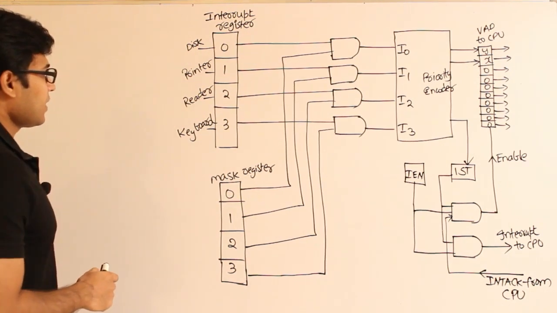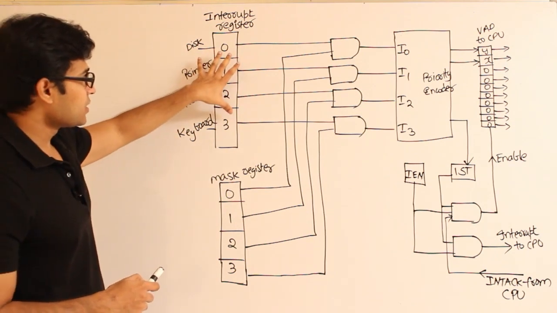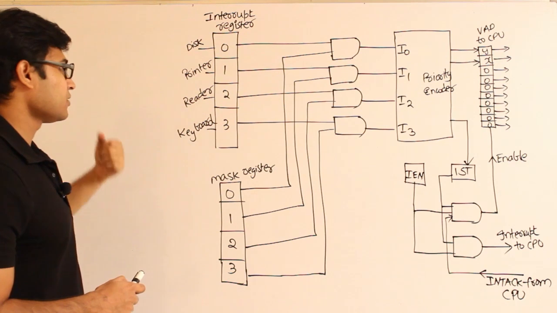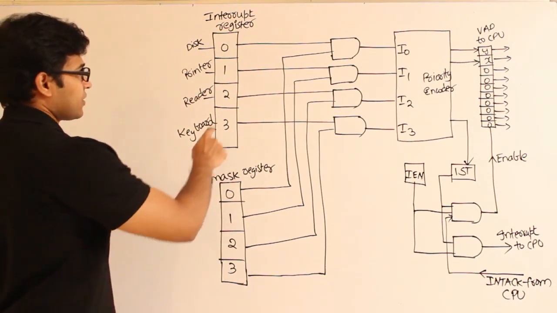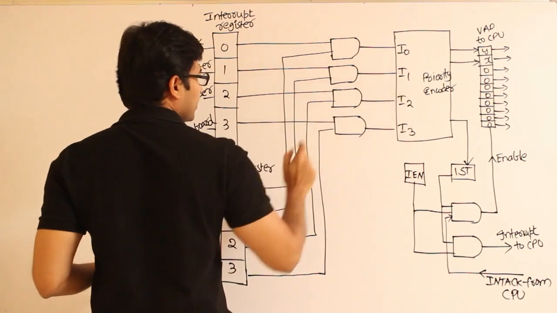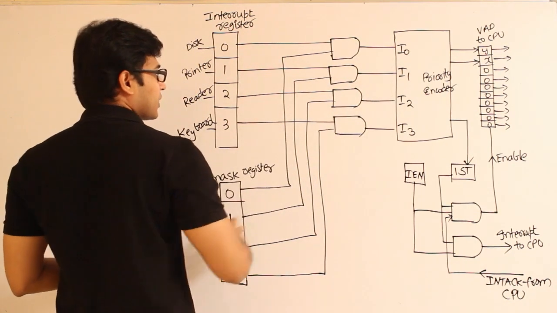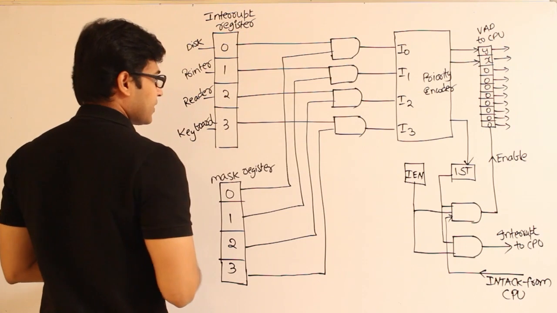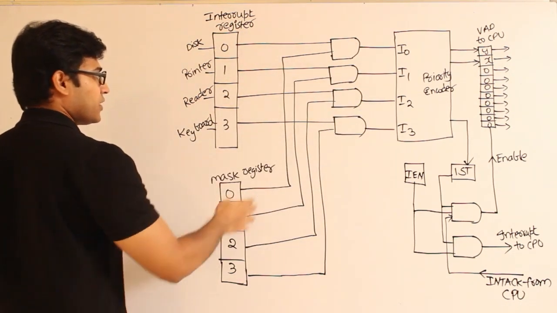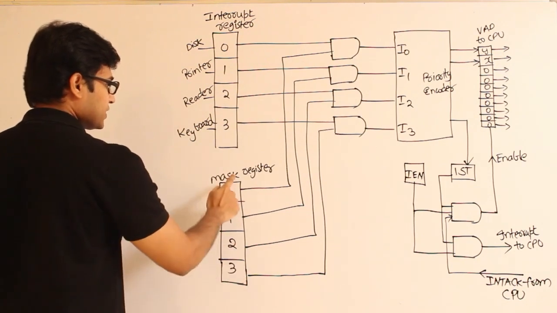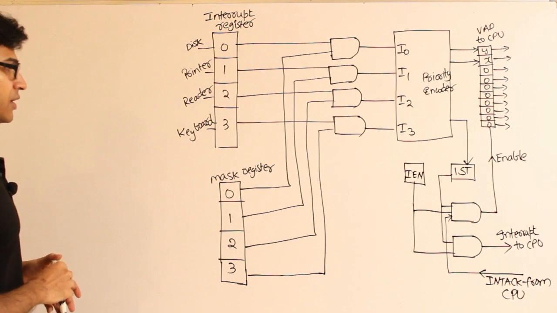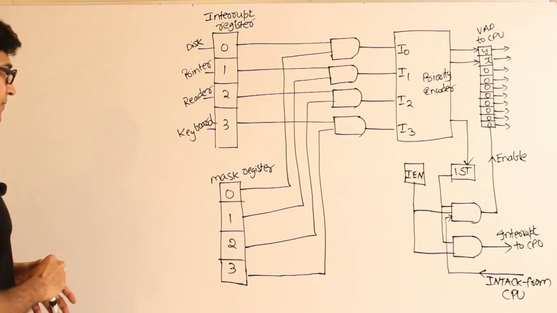This register is dedicated to fill the bits as and when an interrupt is generated, and these interrupts are given to the priority decoder through AND gates. These AND gates are used for masking, and for that masking we have one more register, which is the mask register.